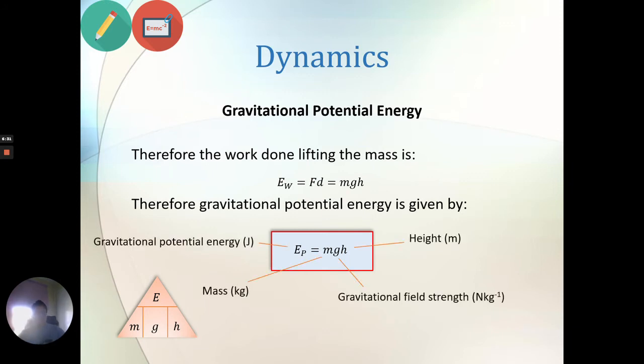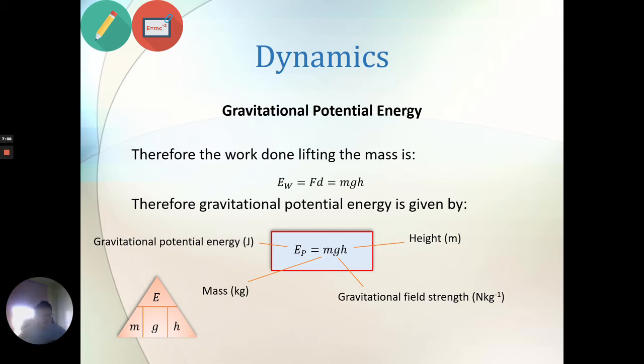for gravitational potential energy, which, because it's energy, is measured in joules, and is equal to mass, measured in kilograms, times g, gravitational field strength in newtons per kilogram, times h, height, measured in meters. So remember, if you do not know the gravitational field strength, or it's not told to you, you can assume it's Earth.